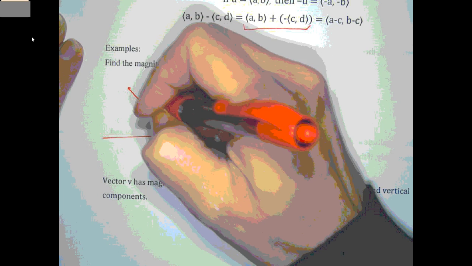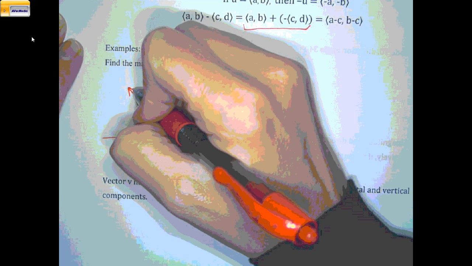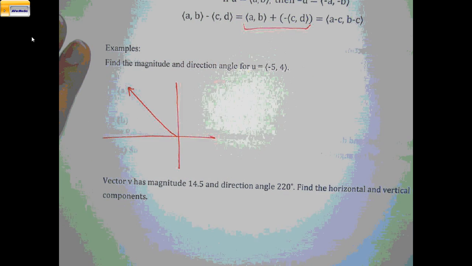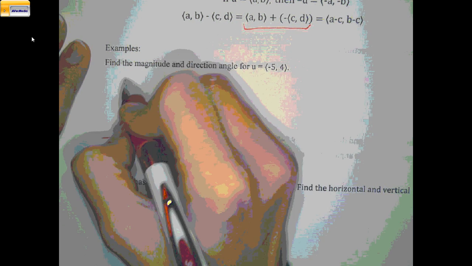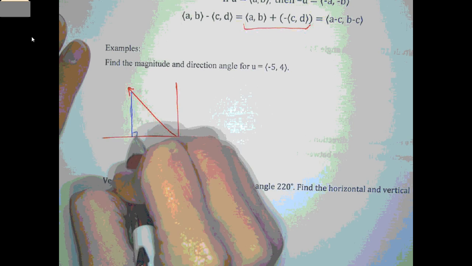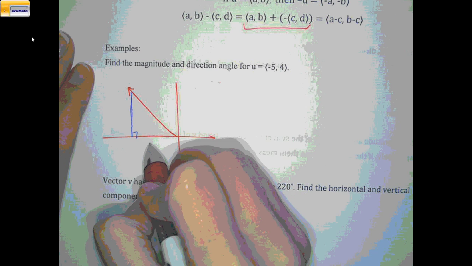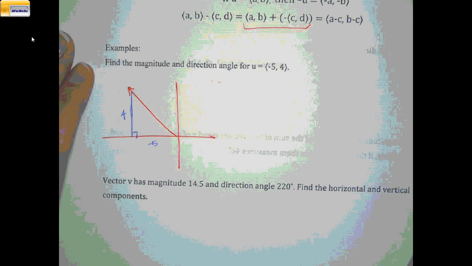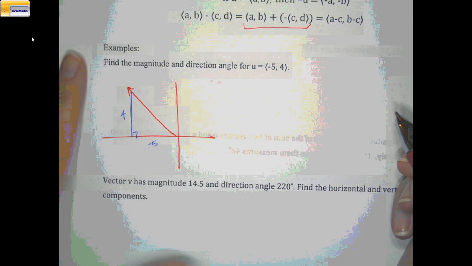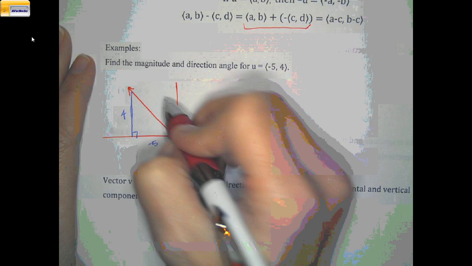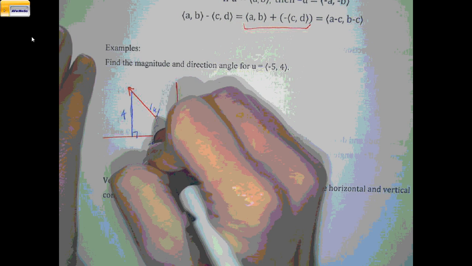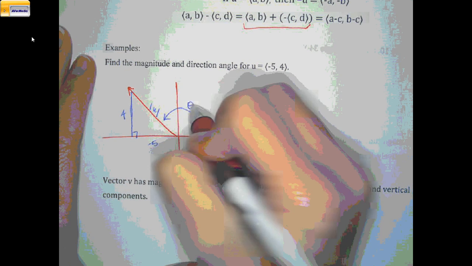And there's the vector right there. Now we are used to little triangles. And this side got us negative 5, and that side got us 4. They want the magnitude of u, and they also want the direction angle, which remember is that big guy right there.